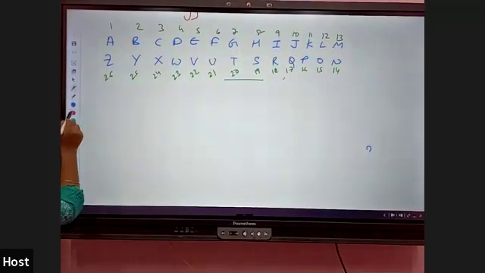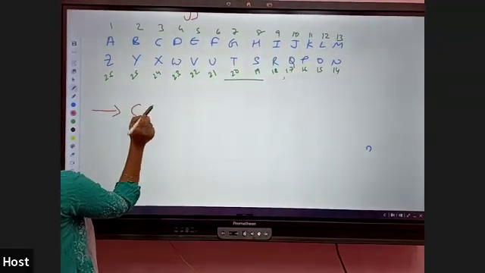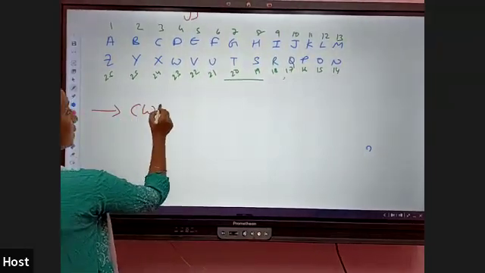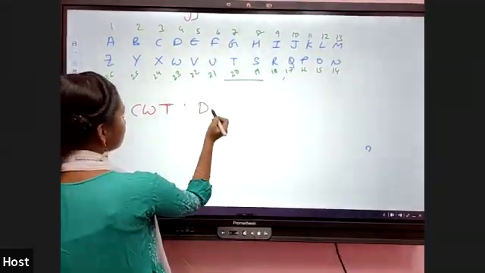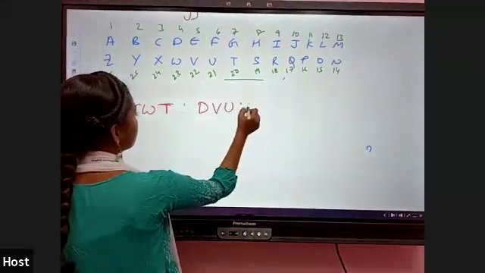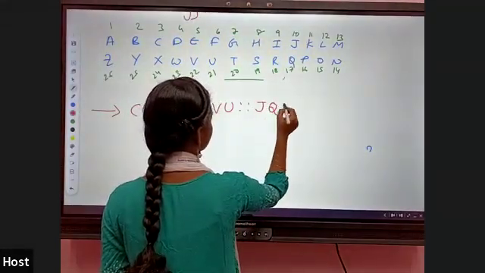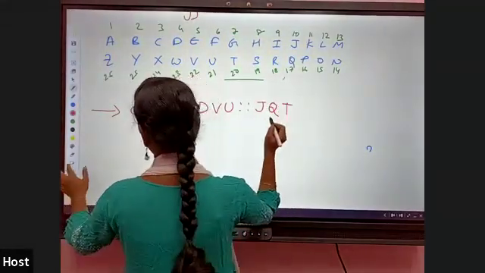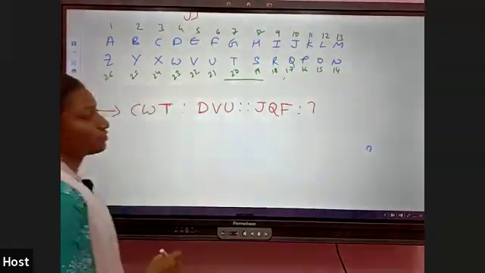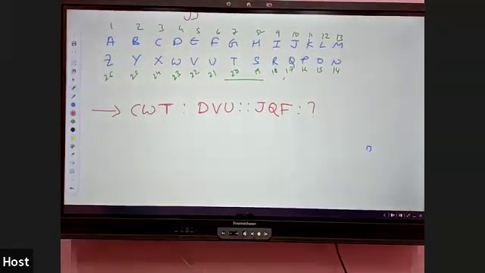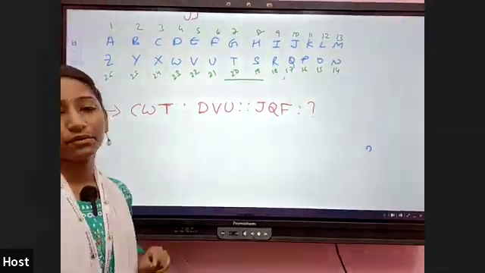See, the question is CWT is to DVU. We should find the code for JQF.